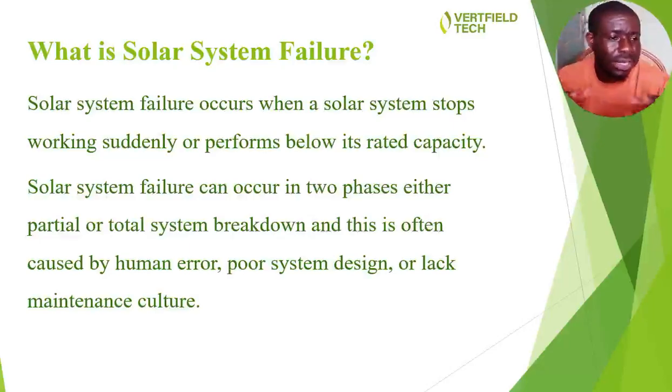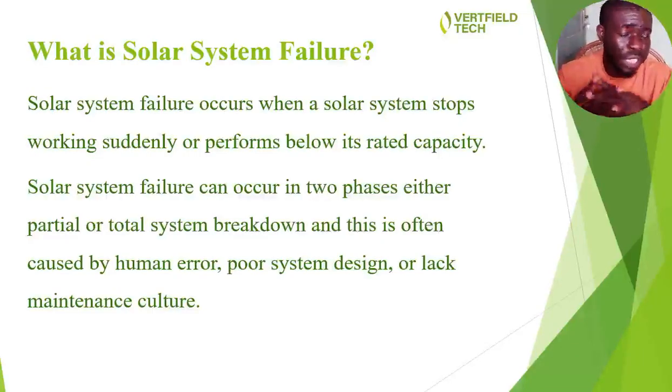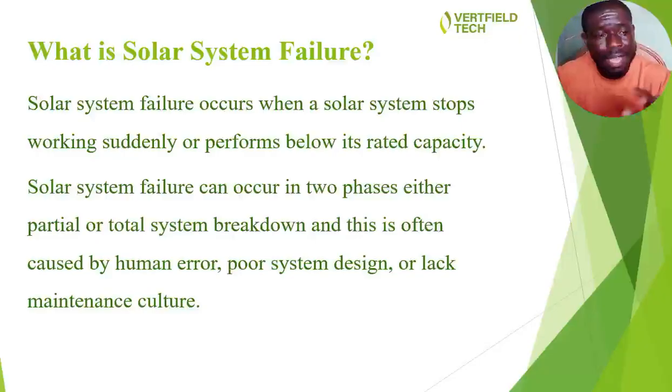The solar system failure can be either partial or a complete system failure. Either it is partial, which means it's just a matter of a few components that are misbehaving. It can be your solar panel, it can be your battery, it can also be the inverter system that is faulty at that point in time, and you can actually take care of it.